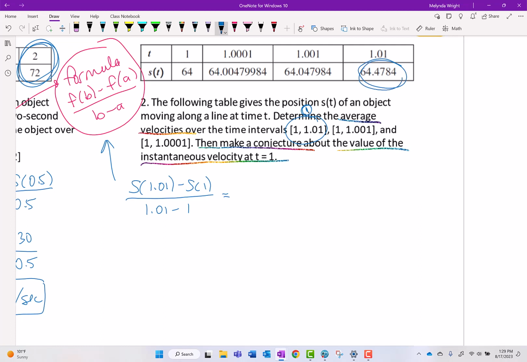There's my 1.01, 64.4784, minus S of 1, which is right here, 64, over 0.01. And again, I went ahead and put it in my calculator just to save you the trouble.